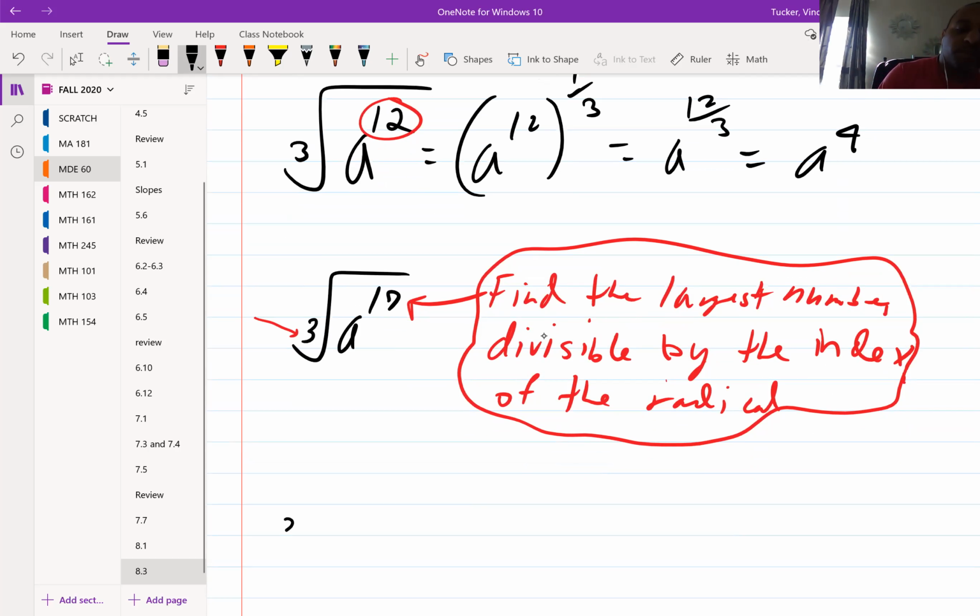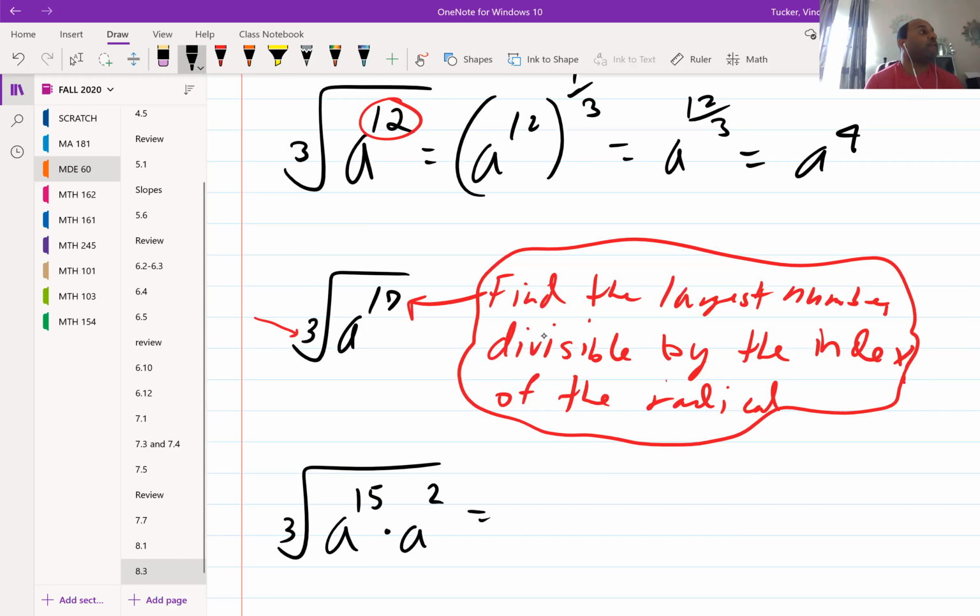And I will break up my exponents with that in mind. In other words, 15 is the largest number that I can pull out of that 17 that's divisible by 3. So I use that number, and then what is left will be set aside.